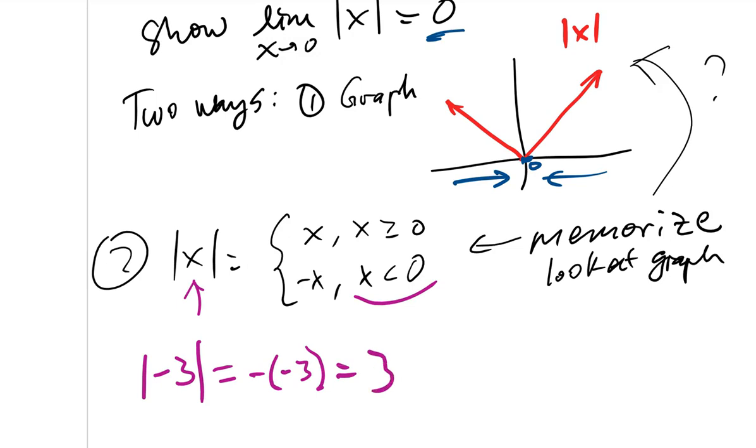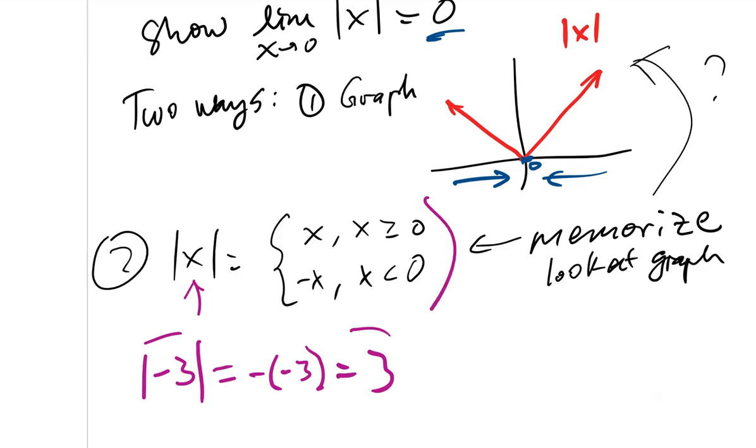So this is why the absolute value of -3 is +3. Everybody always tells you it's the distance from the origin. That's that too, but you can look at it in an algebraic sense as well.